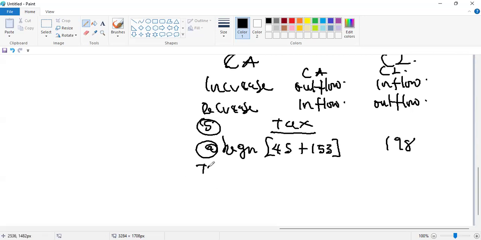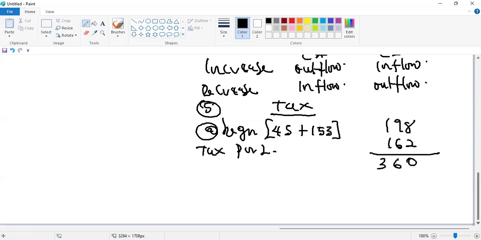I will take the tax in the P or L and add to it. What is the tax in the P or L? 162. 198 plus 162 gives me 360. At the end, what is the deferred tax at the end?